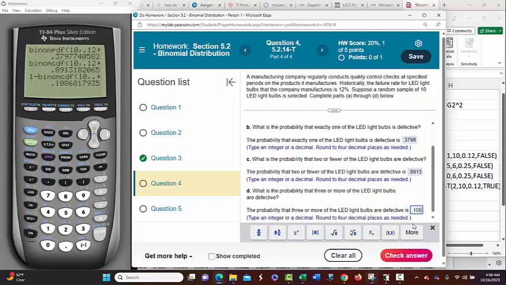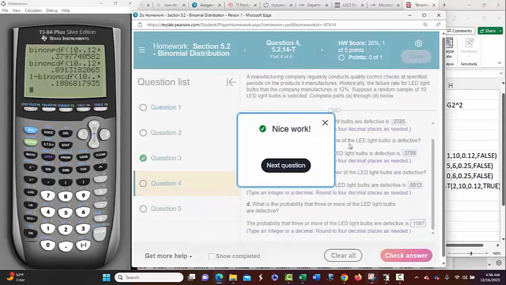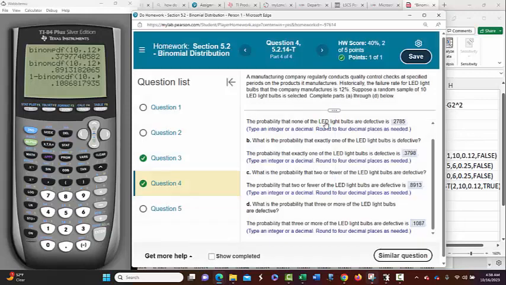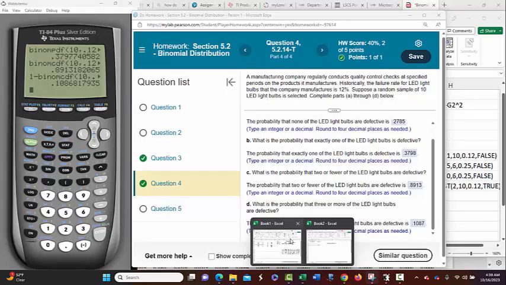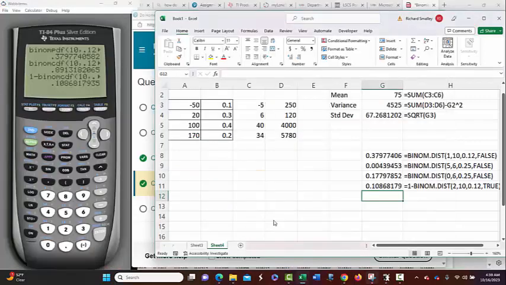This would definitely be better in Excel for what I'm about to do, because the calculator has no way to do it without literally adding them up one by one. But here, because we can use cell references, let's come down here somewhere.